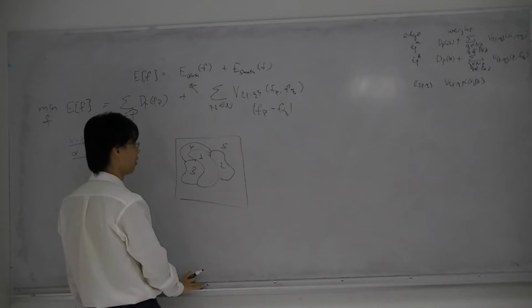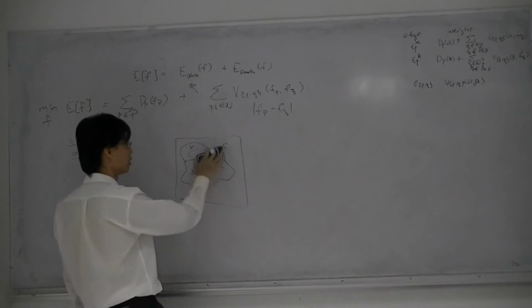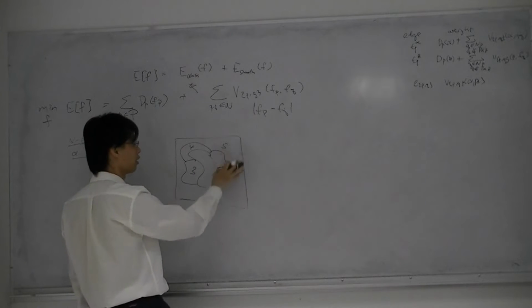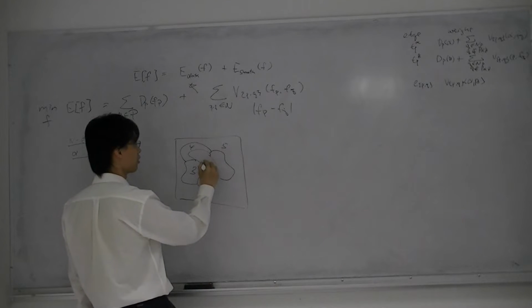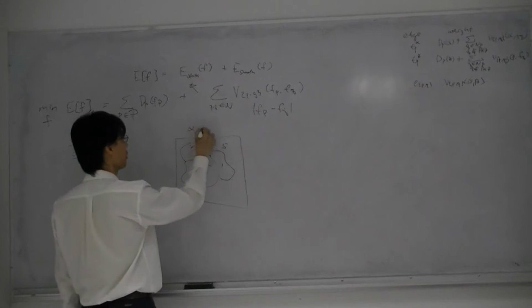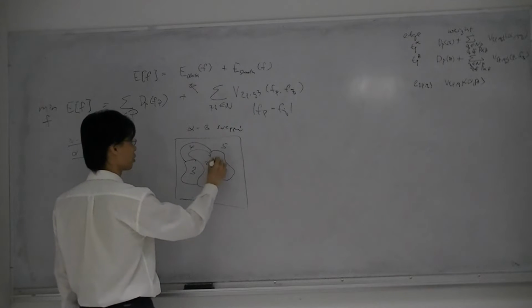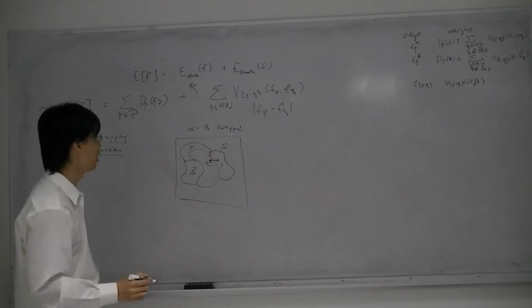Let's say I swap this 1 and 2 so that I get a new labeling function, let's say like this. So this is an alpha-beta swapping. Basically just swap some labels.